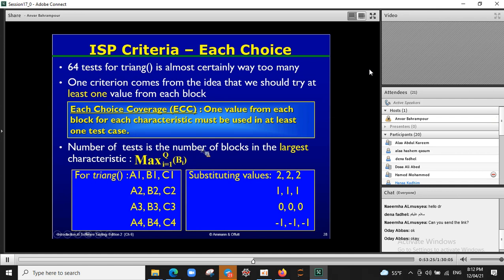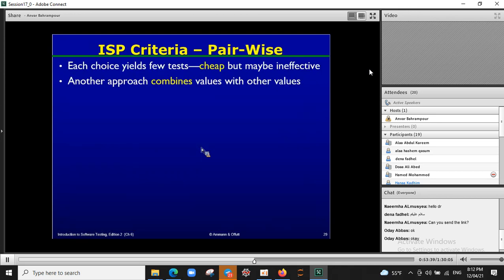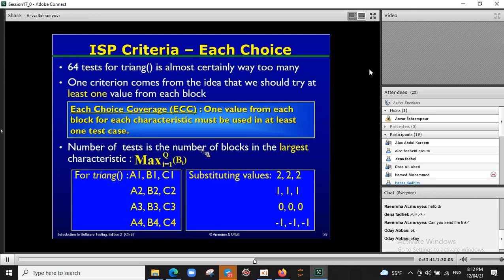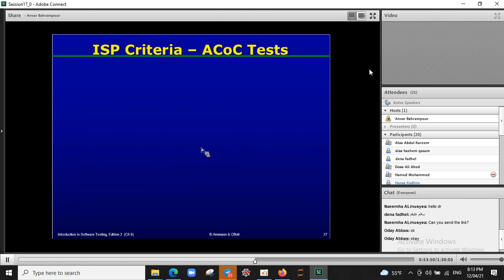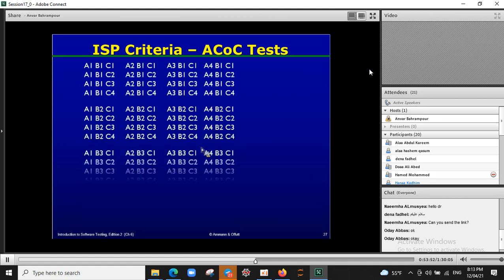Because one value from each block for each characteristic is considered in at least one test case. This is a poor coverage criterion. Neither of these two coverage criteria is good for our purpose: all combinations, or each choice.